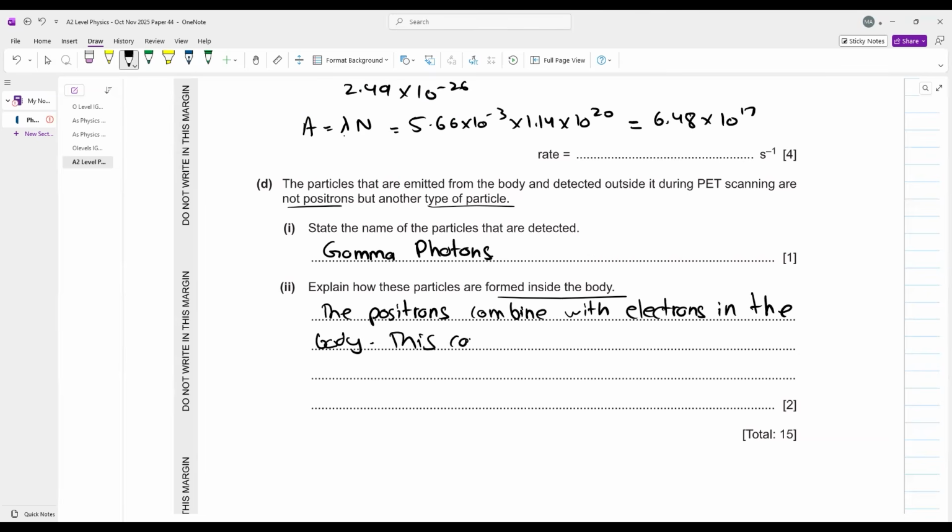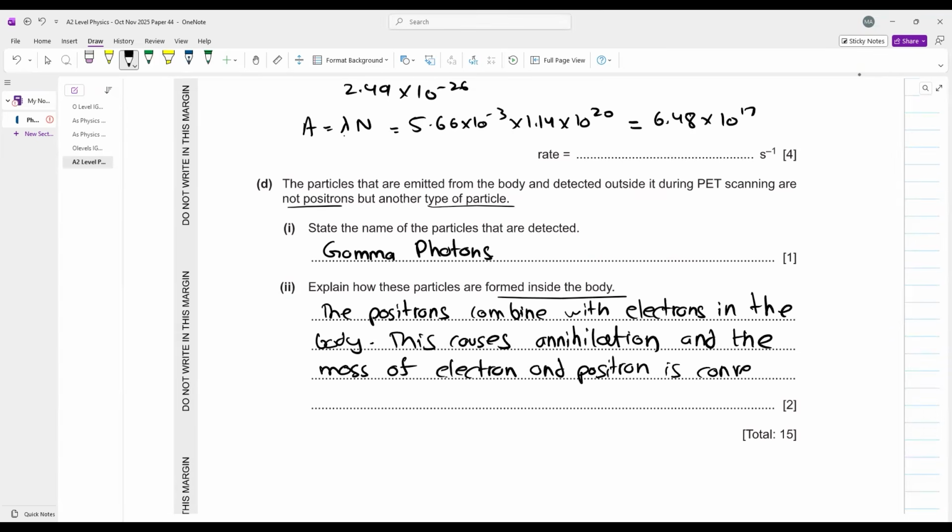This causes annihilation, and the mass of the electron and positron is converted into the energy of gamma ray photons. Simple. Nothing complicated here.